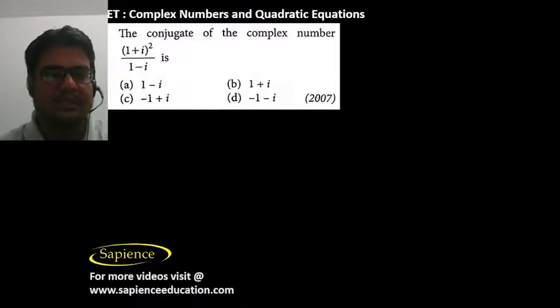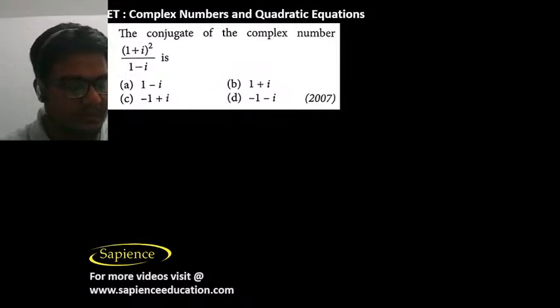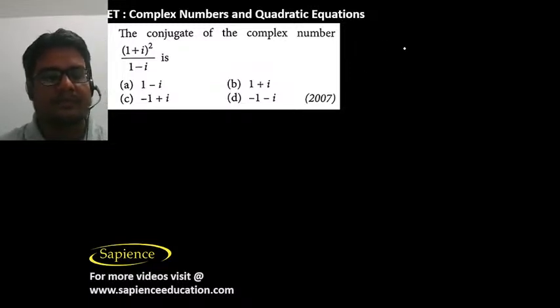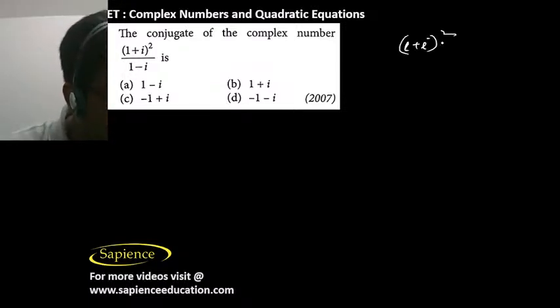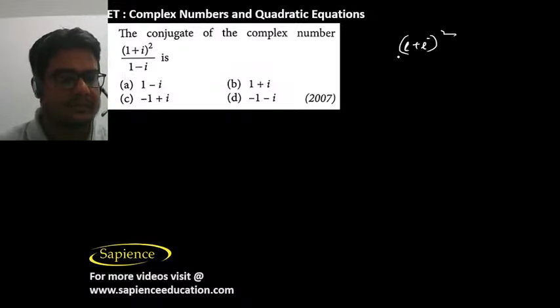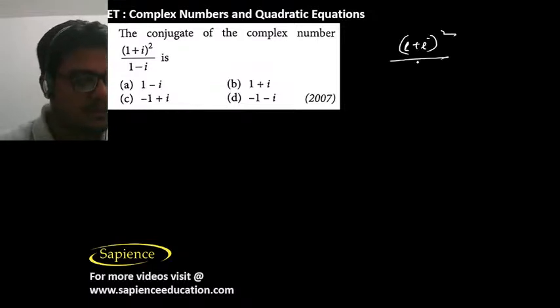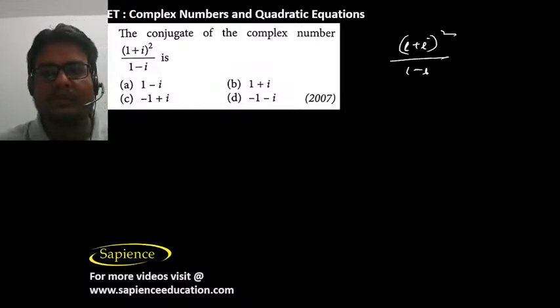Then it is told that we have to find the conjugate of this complex number, which is (1 plus i) square divided by 1 minus i.